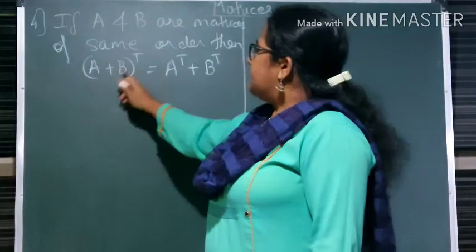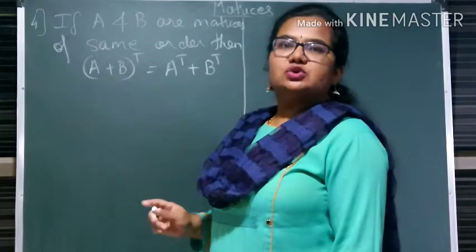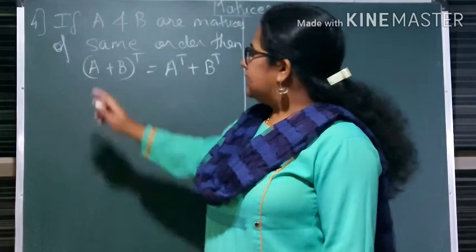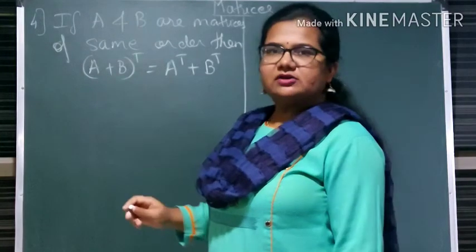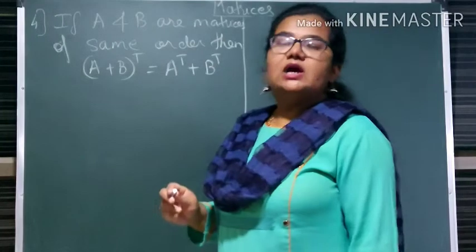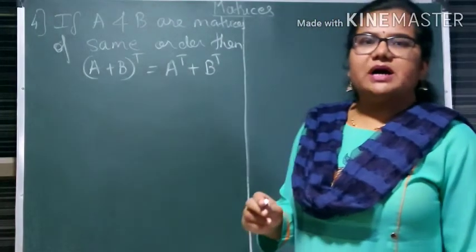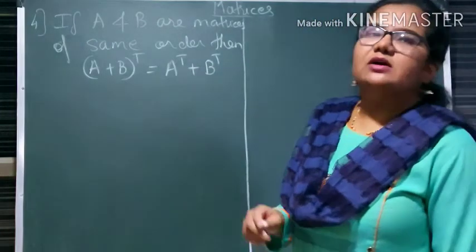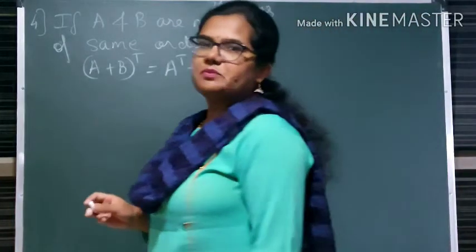Meaning what? Addition and transpose, these two operations are commutative. That is, whether you add first and then take the transpose, or you take the transpose of the matrices and then you add, you are going to get the same answer. So transpose and addition operation is commutative.